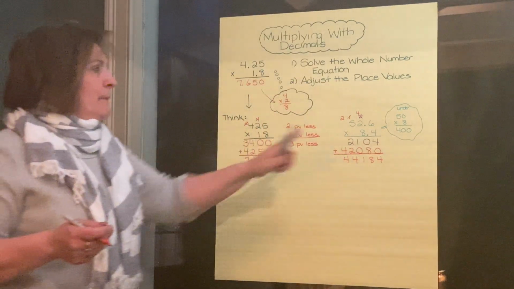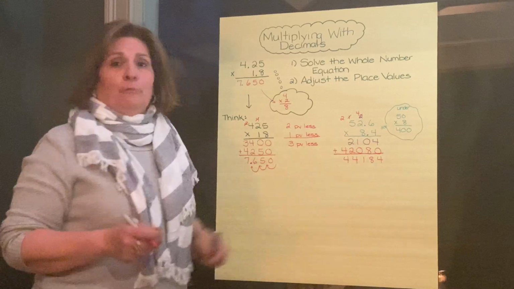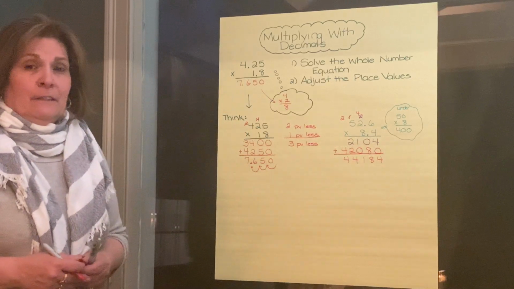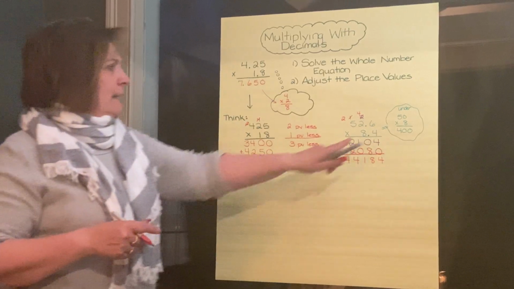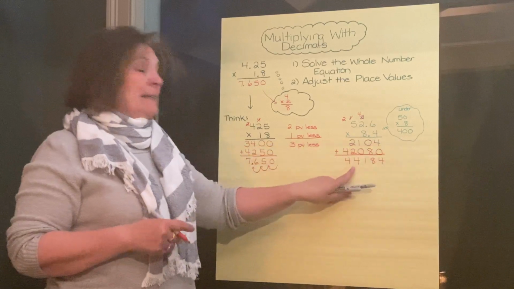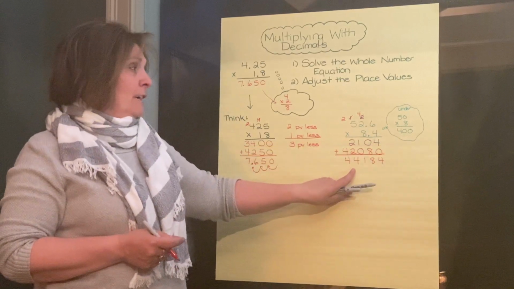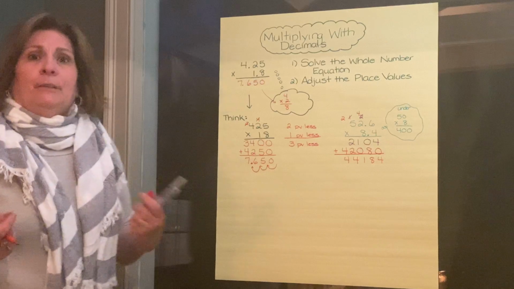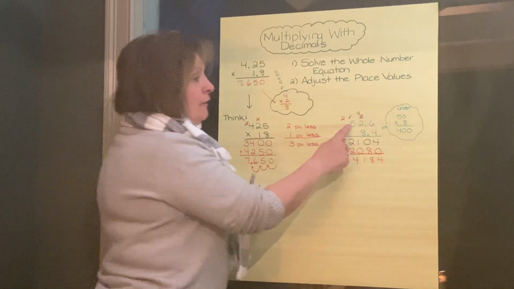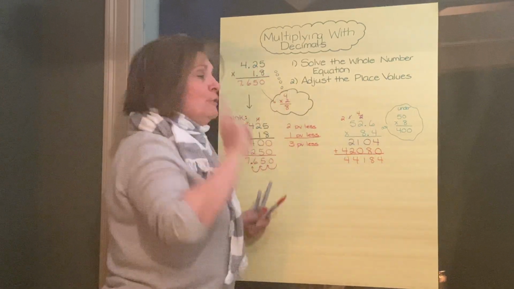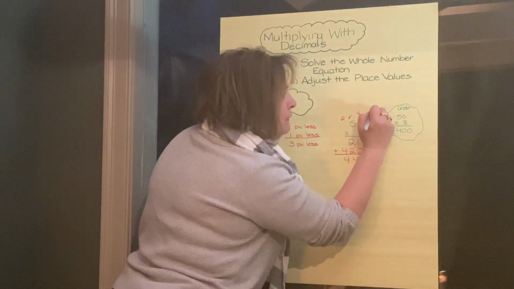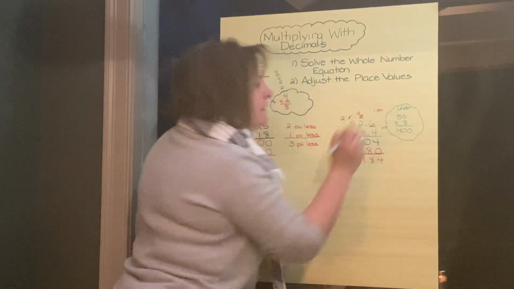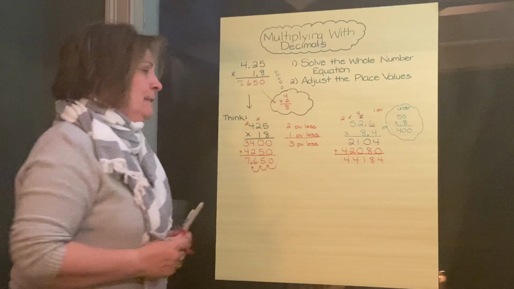Now I could look at my estimate and decide where that decimal point goes. And I'm sure most of you looking at this can know exactly where the decimal point should go. But let's look at place values. Well, 52 6/10 is one place value less than 526.